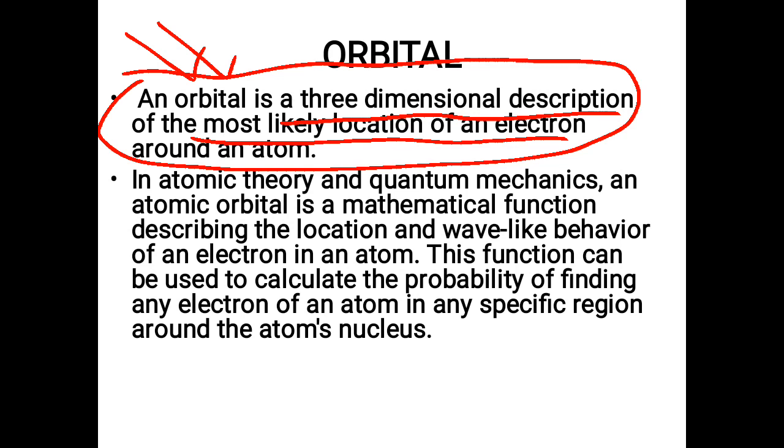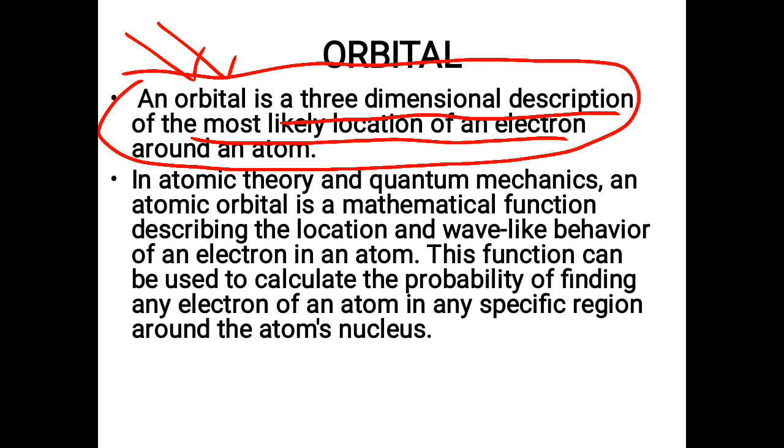The next point: in atomic theory and quantum mechanics, an atomic orbital is the mathematical function describing the location and wave-like behavior of an electron in any atom. This function can be used to calculate the probability of finding any electron of an atom in a specific region around the atom's nucleus.